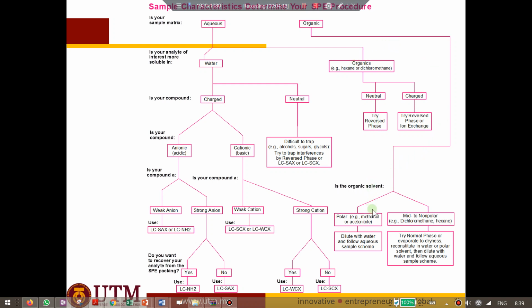Then if your analyte is also in the organic, because organic we can divide into two, either polar or non-polar. Examples of organic solvent that is polar are methanol and ethanol. Examples of organic solvent that is non-polar are, for example, hexane and chloromethane. If your analyte is mid to non-polar, then you need to use the reverse phase.